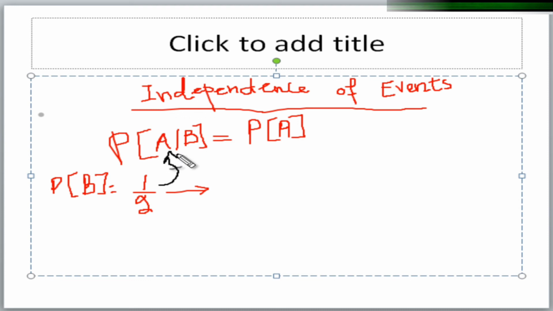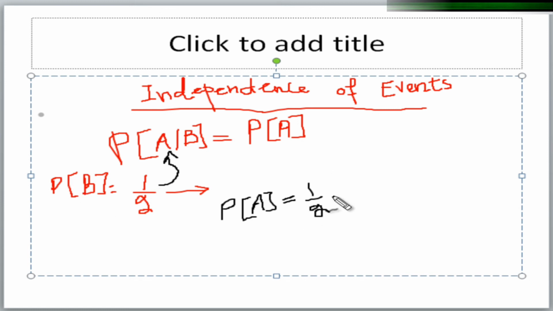What is the probability of getting heads again, given that I got heads in the first toss? Will it change? No, it won't. The probability of A is again half.